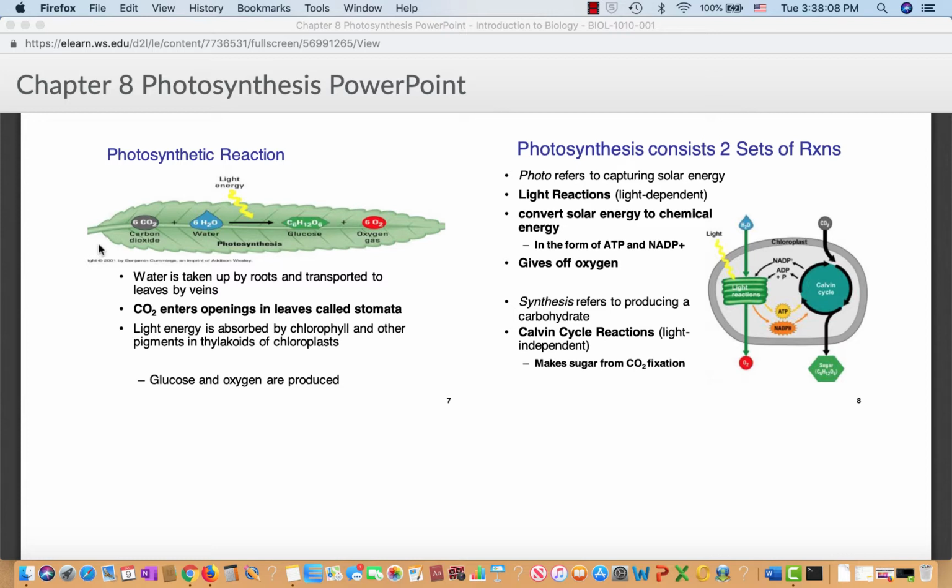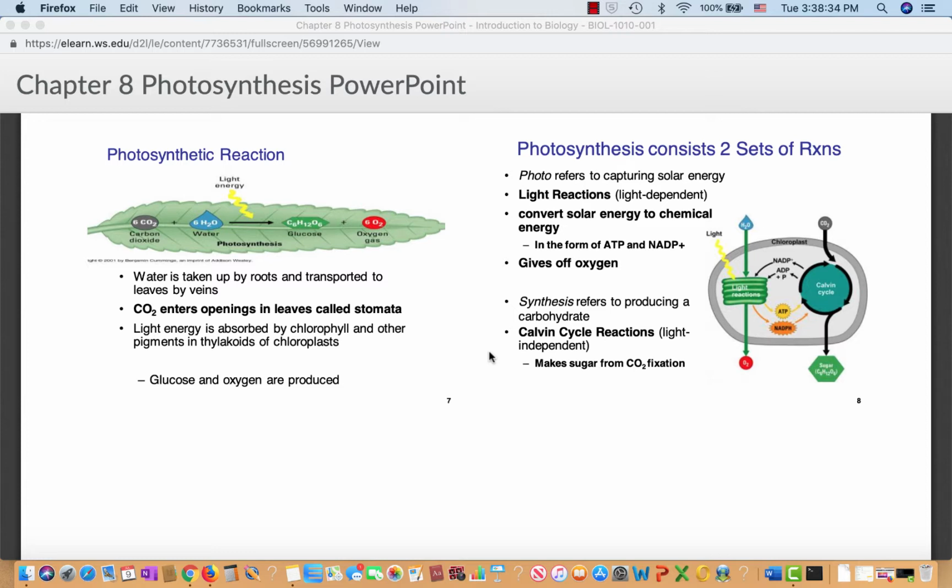That would be respiration. But going this way, carbon dioxide plus water plus light energy yields glucose and oxygen. And also you get chemical energy in the form of ATP. They're basically reverse reactions at the molecular level, but there's a lot more going on.